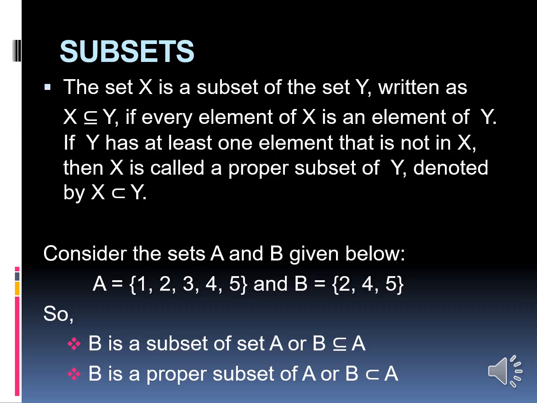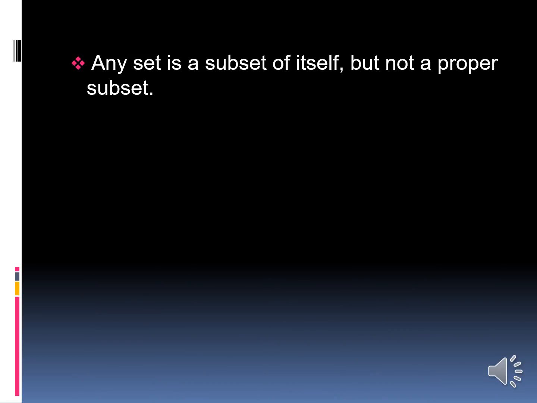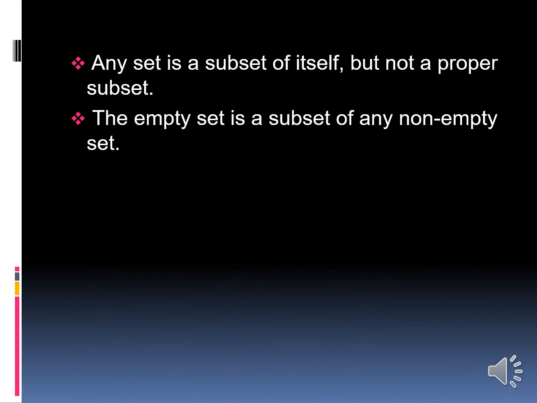So, B is a subset of A, and at the same time, B is a proper subset of A, because there are elements in A that are not in B, but all the elements in B are in A. And also, any set is a subset of itself, but not a proper subset. And the empty set is a subset of any non-empty set. So, the empty set is a subset of any non-empty set.